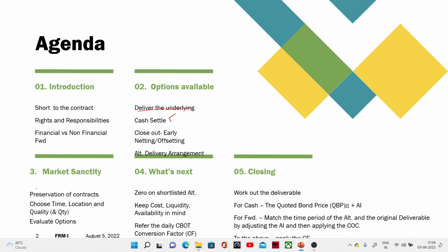There could be an early closeout of the contract itself, especially if the contract is extremely adversarial to one of the parties. So the losing party may request the winning party to terminate the contract midway, and the losing party will suitably compensate the winning party at the present value of the expected cash flow.